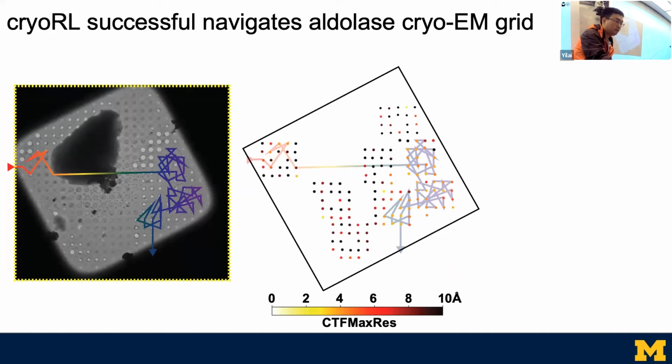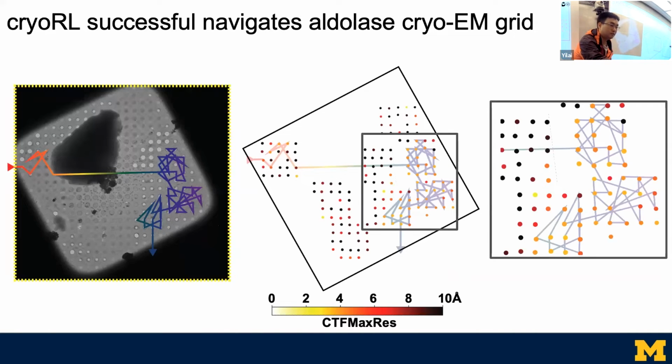Here we can see cryo-RL's decision making, and it successfully avoided most of the bad holes, which are this patch and this patch and these patches. It tries to collect as much data as possible, but also to reduce the time wasted moving across different patches.